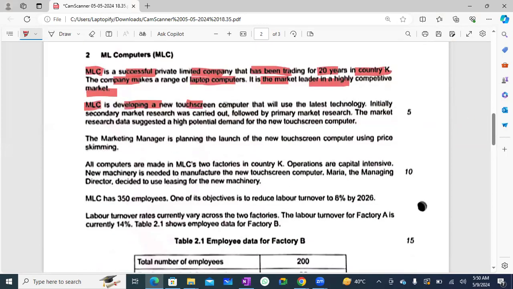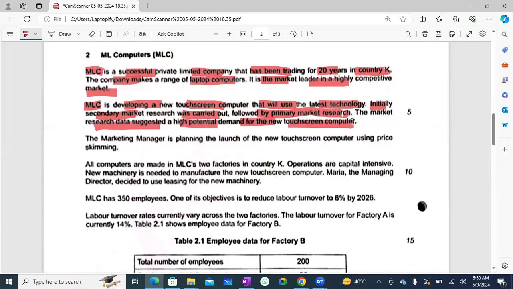MLC is developing a new touchscreen computer that will use the latest technology. Initially, secondary market research was carried out, followed by primary market research. The market research data suggested a high potential demand for the new touchscreen computer.